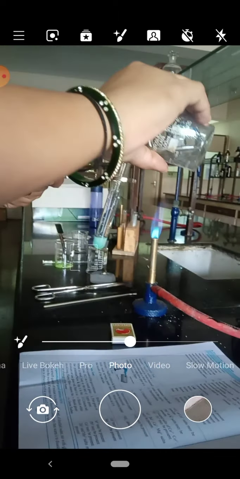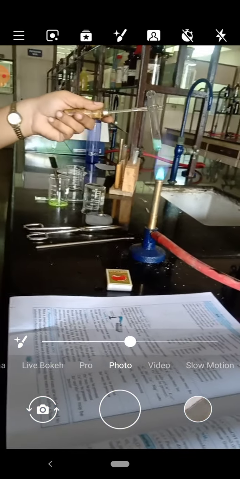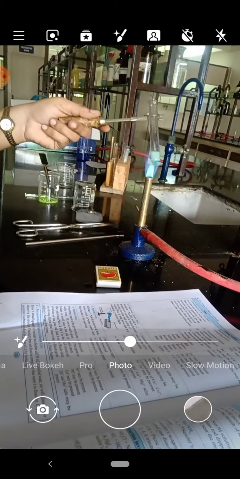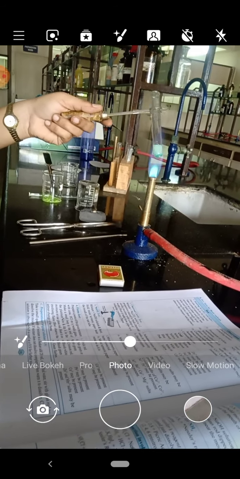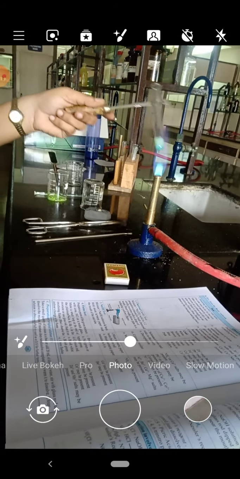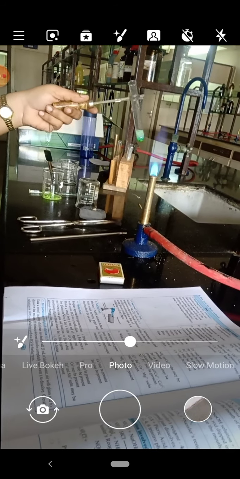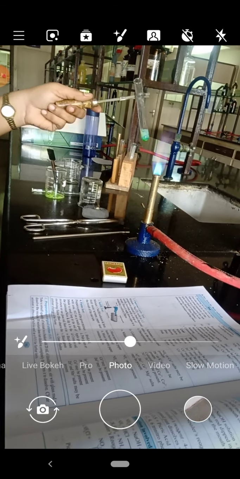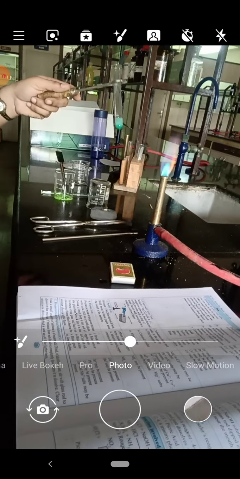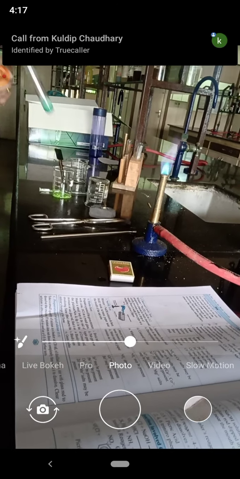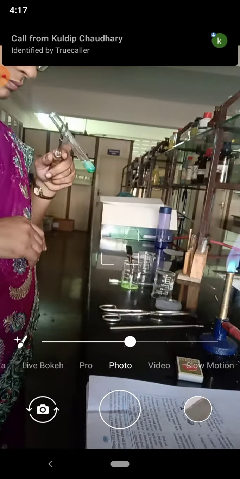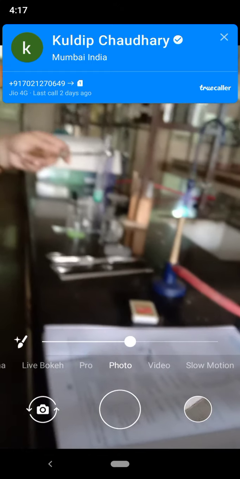Have to check the smell of ammonia gas after heating. You know the smell of ammonia gas, which you don't like, it smells very bad. That is the presence of ammonium salt. You have to heat it, then you will smell it. This is the presence of ammonia gas.